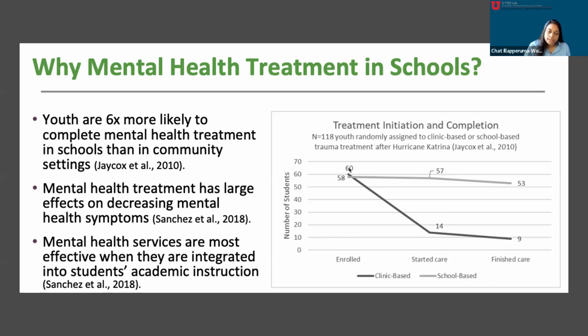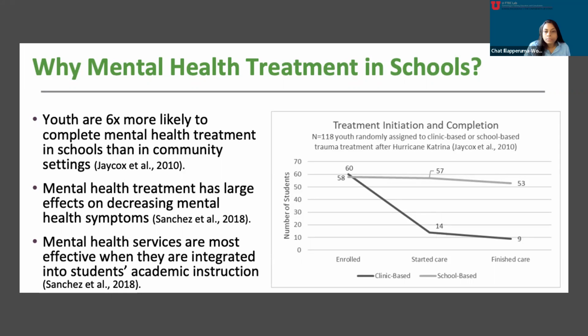So you can see this clear line. Students who are enrolled are similar in clinic and school-based settings, but those who started care dropped drastically in clinic-based settings, and then continue to drop when it comes to who finished care. Versus in school-based settings, children are more likely to start care and also finish care.